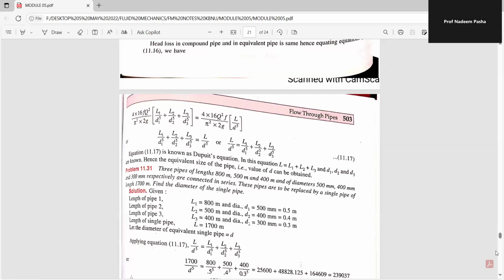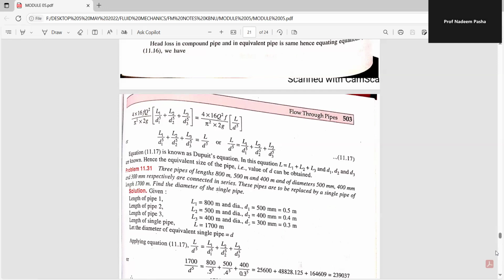Three pipes of length 800 meter, 500 meter, and 400 meter, and diameters 500 mm, 400 mm, and 300 mm respectively are connected in series. These pipes are to be replaced by a single pipe of length 1700 meter. Find the diameter of the single pipe. So what are the things given to you?